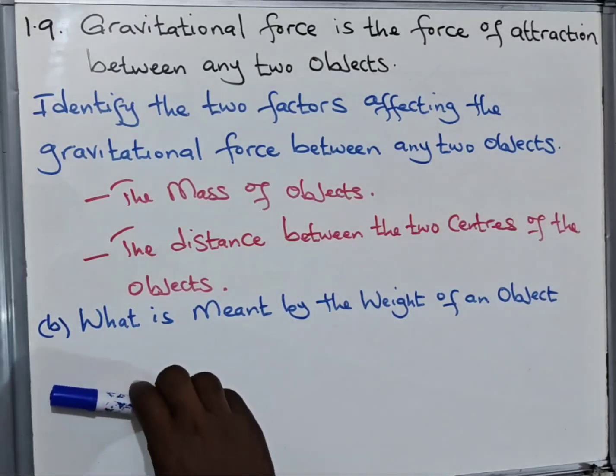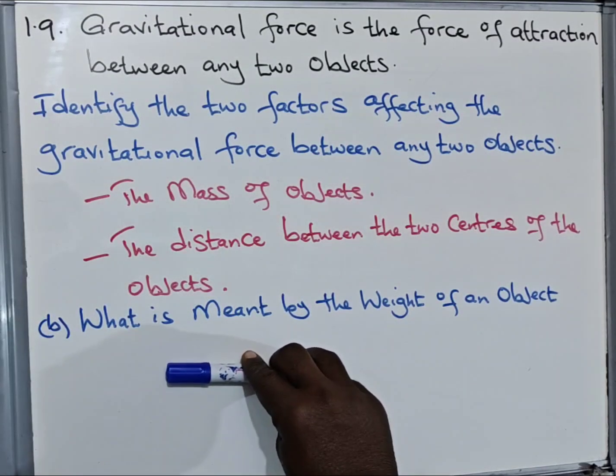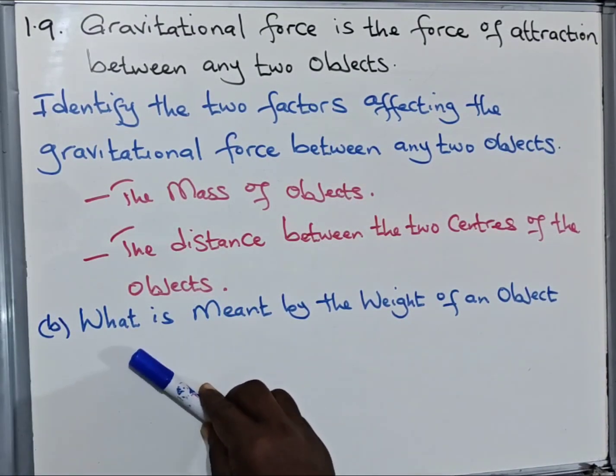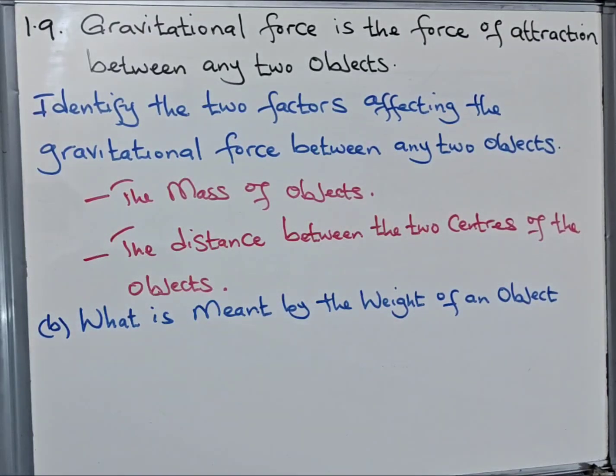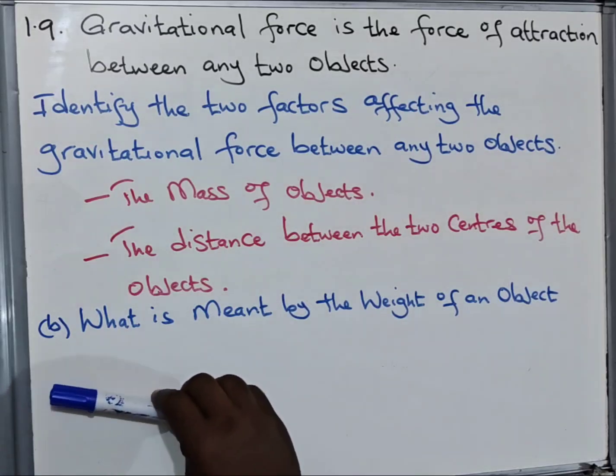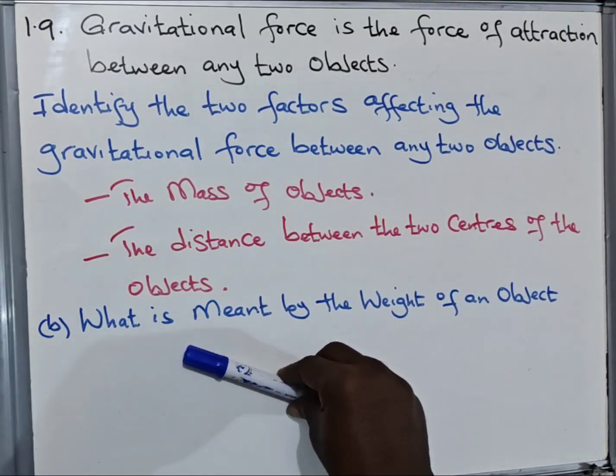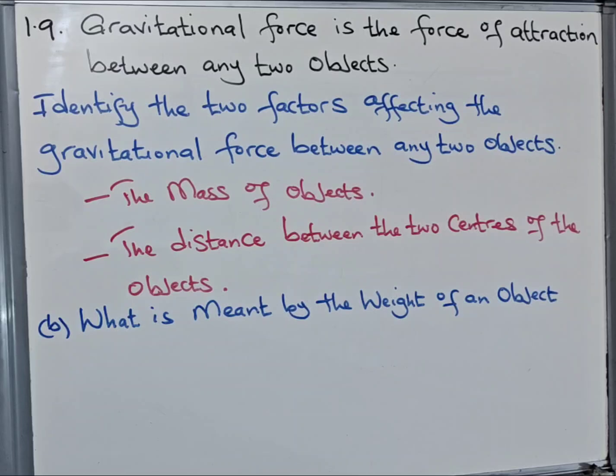Then we come to this one. It says, what is meant by the weight of an object? The weight of an object is the measure of the Earth's gravitational attraction on an object.